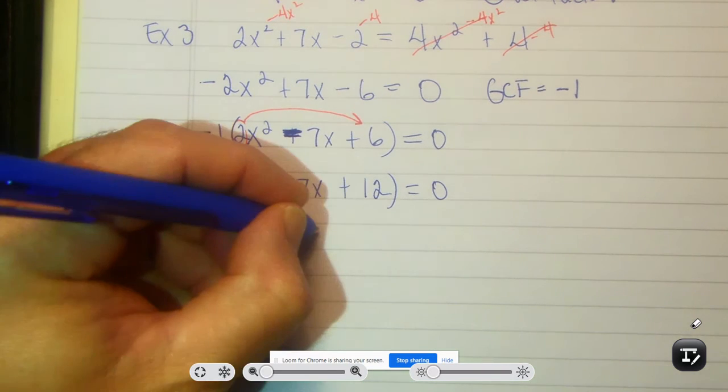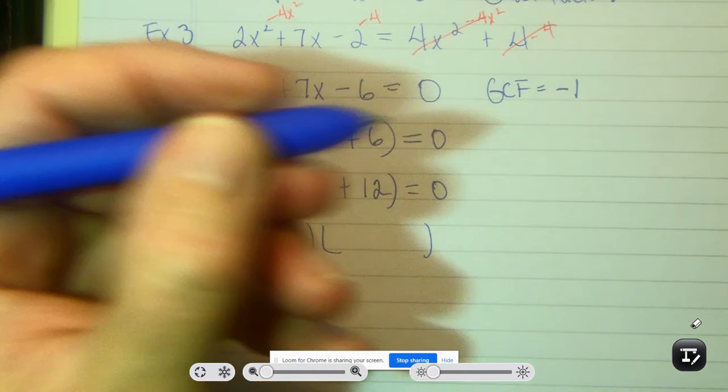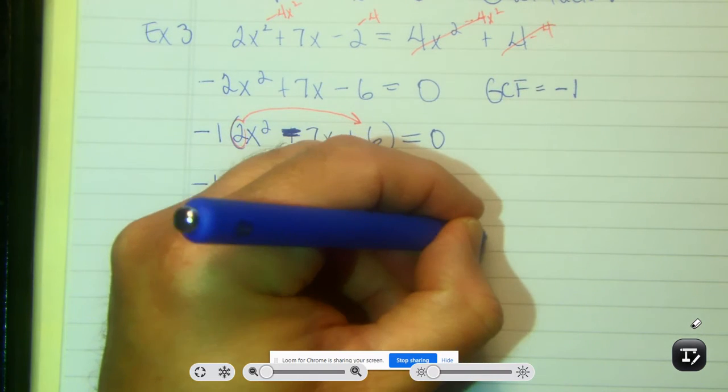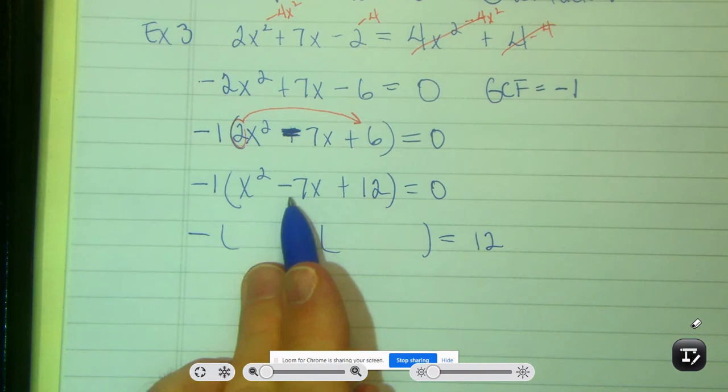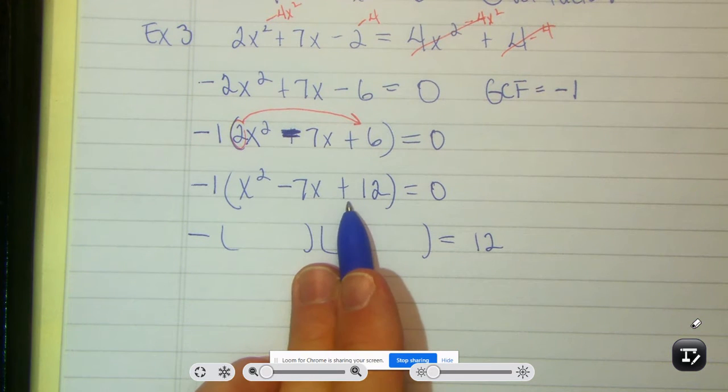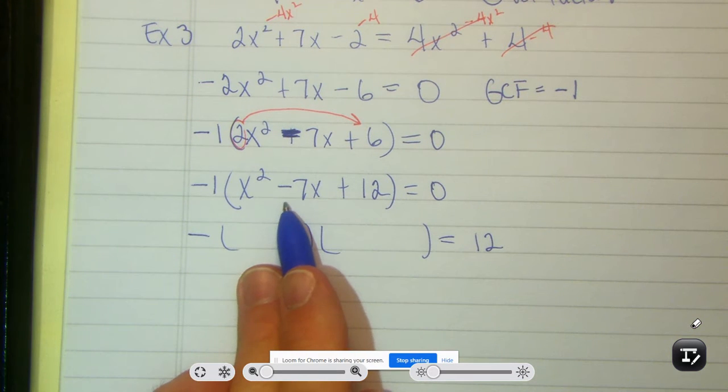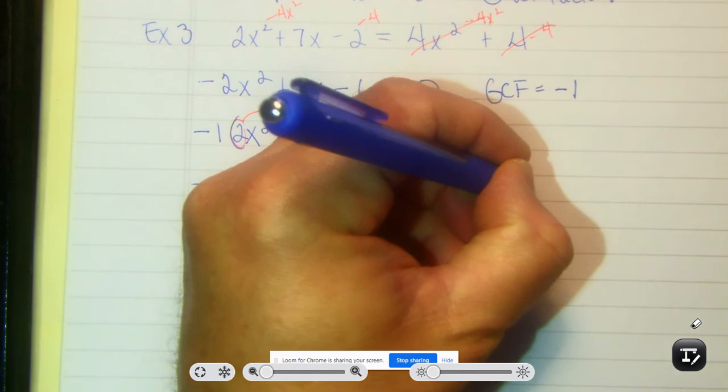So I'm looking for factors of 12 that will, okay, this time they're going to add up. The two factors are going to add up to be a -7, meaning both factors have to be negative. You know, factors of 12 are 1 times 12.